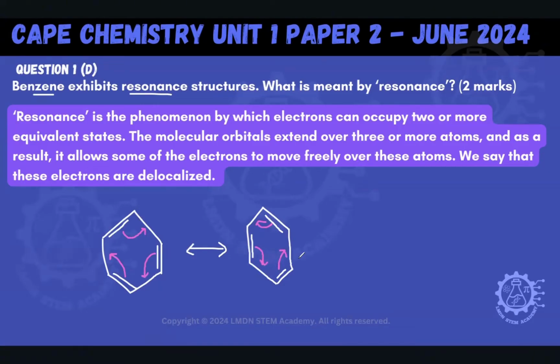So at any point in time, the electrons that make this double bond could move over to here and then make a double bond here. So they can run around the entire ring. And because they're free to roam about the ring, we say that they're delocalized, okay? So in any resonance structure, you will have delocalized electrons. So these are what they call the resonance, the various forms that are possible.